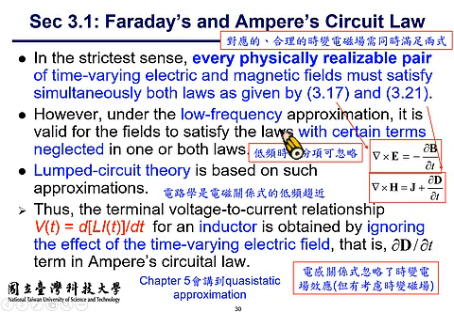From the perspective of electromagnetics, we can say that electric circuit theory is only a special case of electromagnetics. The electric circuit theory is specialized at the low frequency behavior of electromagnetic fields.